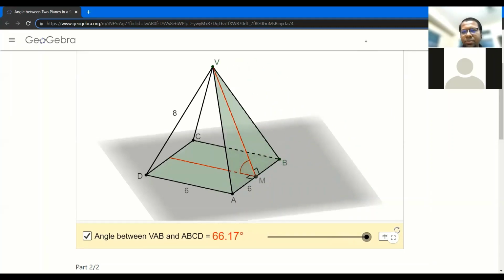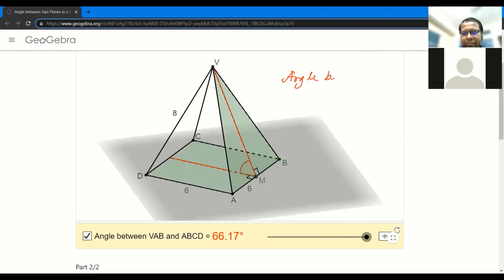Now, if any question comes like that, how can you calculate this angle? Say, for example, the question is asking that you need to find out the angle between the VAB plane and the base. So what do you have to do?